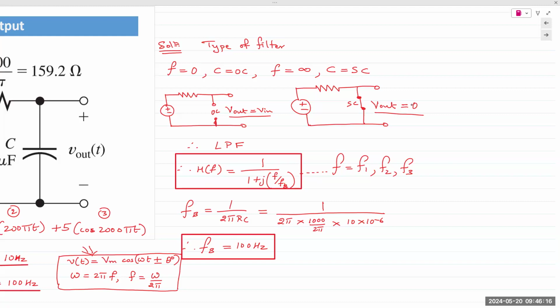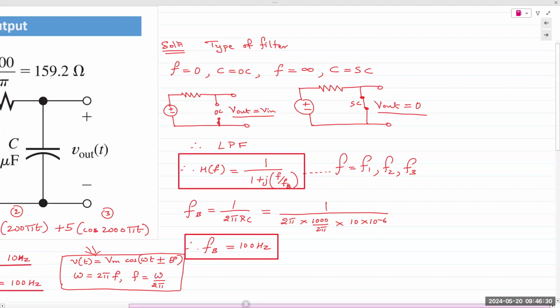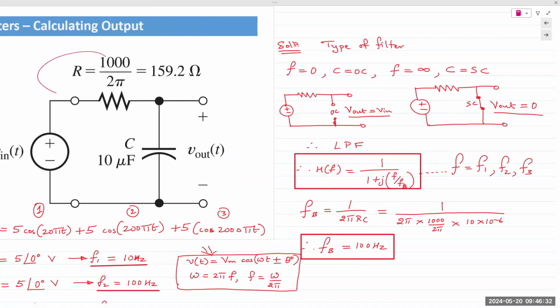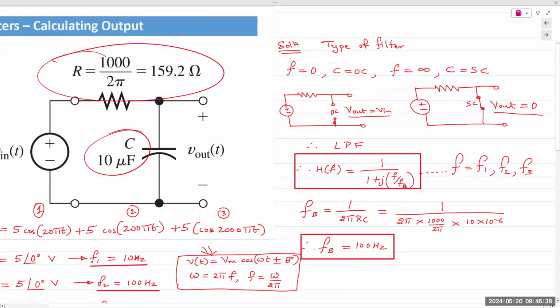So H of F is 1 over 1 plus jF over FB. FB is a constant given by 1 over 2 pi RC. R and C values are given to us: 10 microfarads and 159.2 ohms.